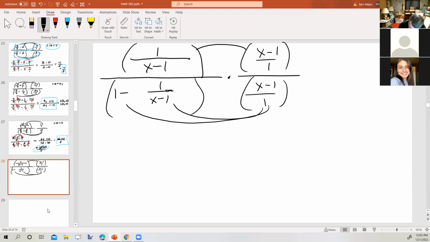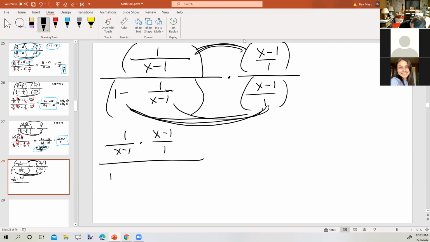So up top, I've got 1 over x minus 1 times x minus 1 over 1. That's this thing. In the bottom, I've got 1 times x minus 1 over 1. And then minus 1 over x minus 1 times x minus 1 over 1. Okay.